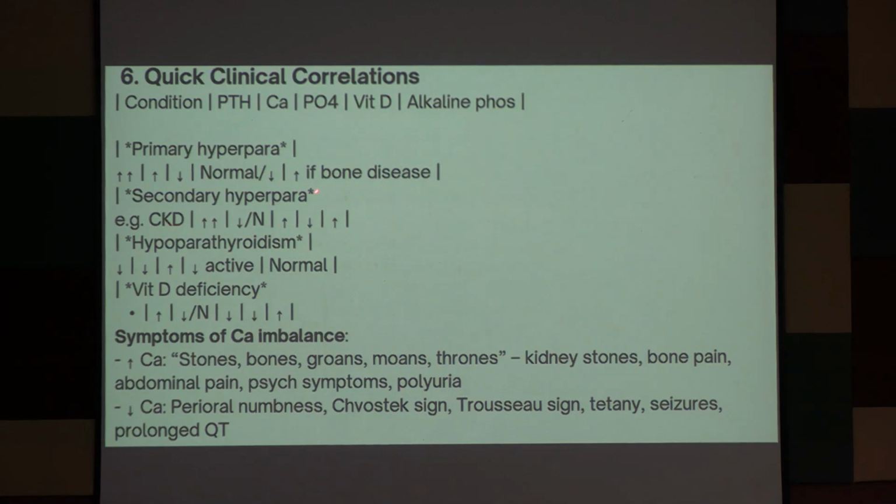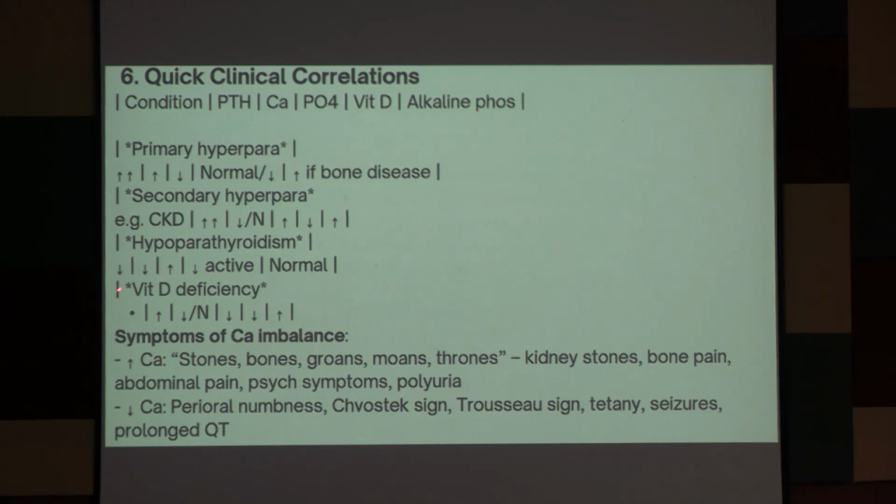In secondary hyperparathyroidism, that is in CKD, parathormone will increase, calcium is either low or normal, phosphate will go up, vitamin D will go down, and alkaline phosphatase will go up.